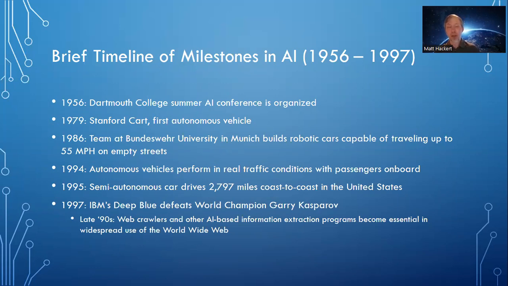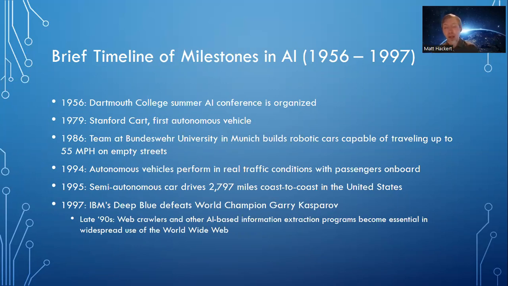McCarthy coins the term artificial intelligence for the conference. 1979, the Stanford CART, built by Hans Moravec, becomes the first computer-controlled autonomous vehicle when it successfully traverses a chair-filled room and circumnavigates the Stanford AI lab. 1986, the team of Ernst Dickmanns at Bundeswehr University of Munich builds the first robotic car, driving up to 55 miles per hour on empty streets.